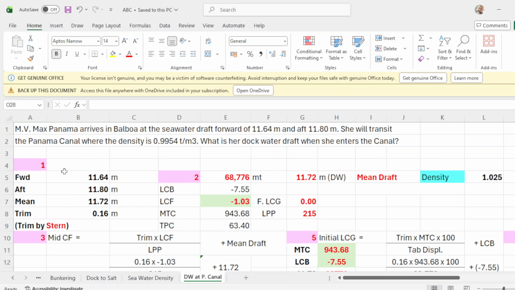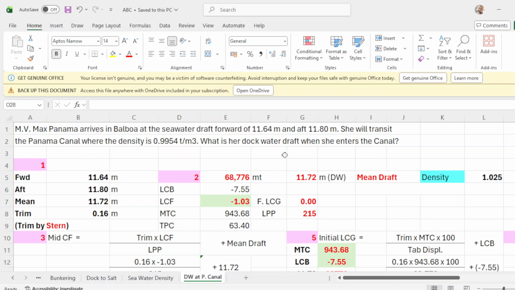MV Max Panama arrives in Balboa at the seawater draft. When you see seawater draft, that will be density 1.025, and its draft forward will be 11.64, and draft aft is 11.80. She will transit the Panama Canal where the density is 0.9954.